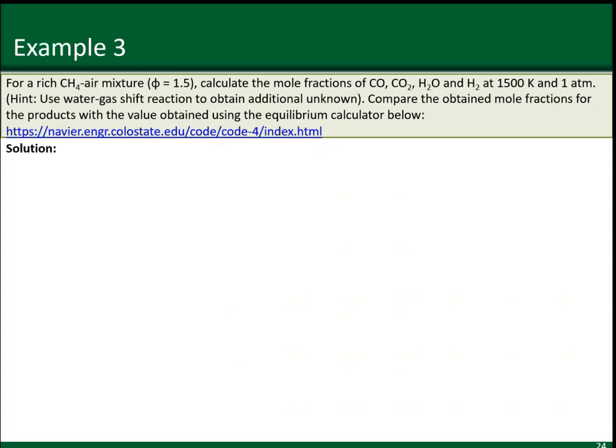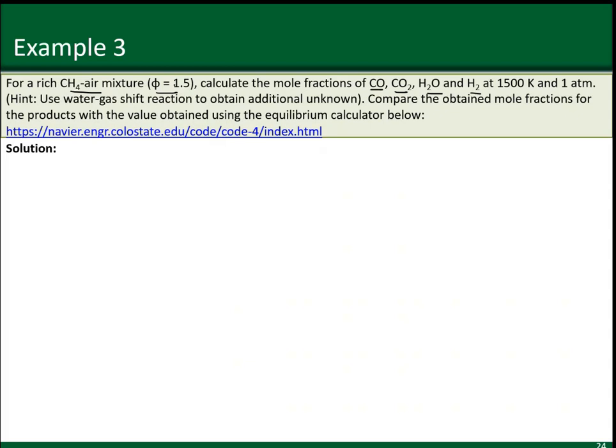So here we are looking for a rich methane air mixture, and its equivalence ratio is given as 1.5. And for this, we need to calculate the mole fractions of CO, CO2, H2O, and H2 at 1500 Kelvin and 1 atmospheric pressure. Okay, so there will also be, of course, nitrogen on the product side, but it's not taking part in the combustion.